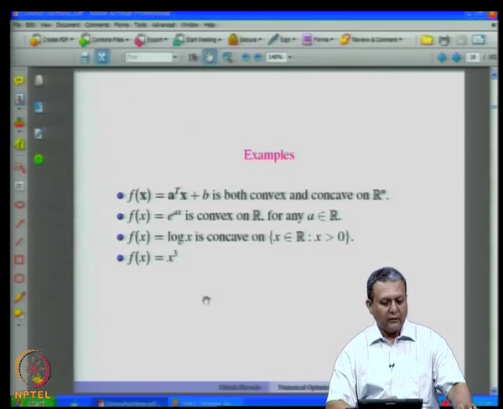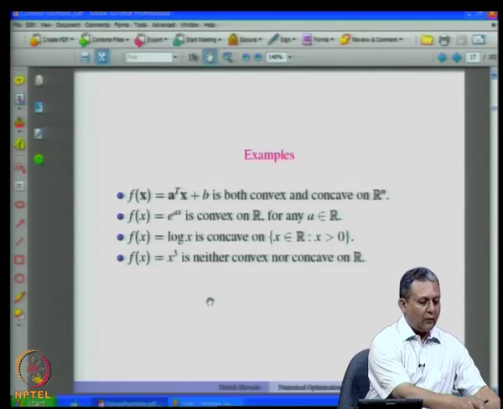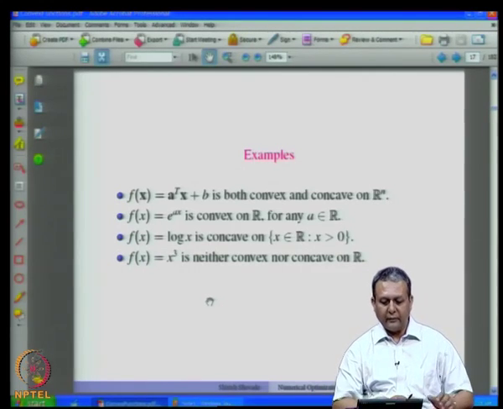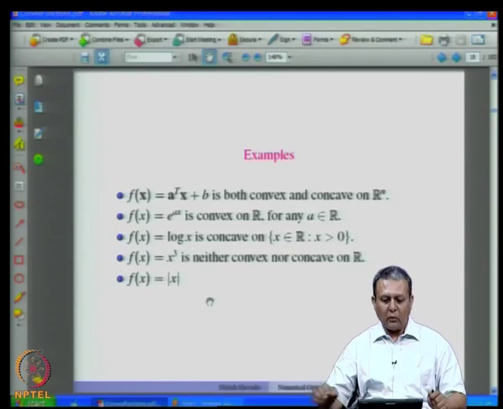So, this function f of x equal to x cube is neither convex nor concave on the set of real numbers. Now, f of x equal to mod x.